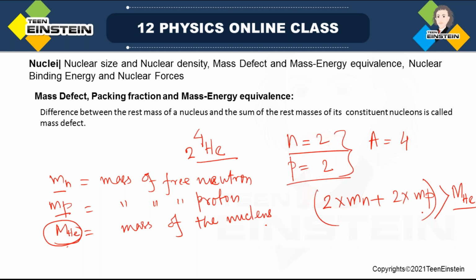Okay, so this is what is called the mass defect. If you take the difference between these two masses, you get some surplus or extra mass. That is called mass defect.